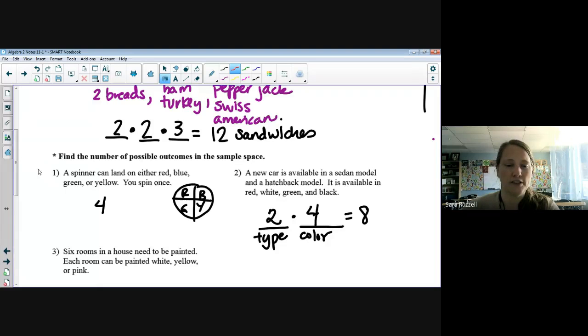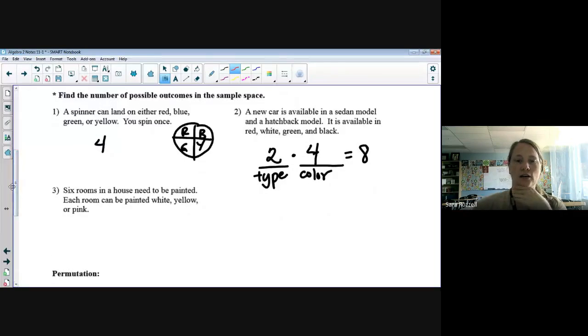All right, our next one, we have 6 rooms that need to be painted, and each room can be painted white, yellow, or pink. So we're going to see our things. We've got 6 rooms, so I'm going to make 6 spaces I have to fill in. 1, 2, 3, 4, 5, 6. This is room 1, 2, 3, 4, 5, 6.